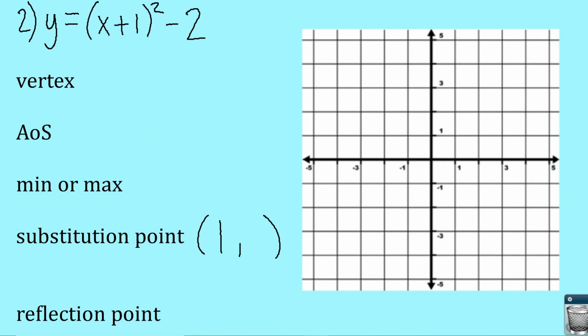For this one, we're going to get our vertex at (-1, -2). Just for visual purposes, I've got my vertex right here. Since the a value is 1, I can go ahead and do my rapid graphing: slope of 1, slope of 3, slope of 5, and then I can mirror it.